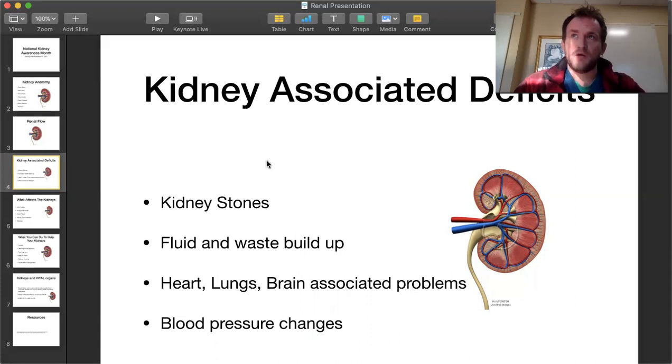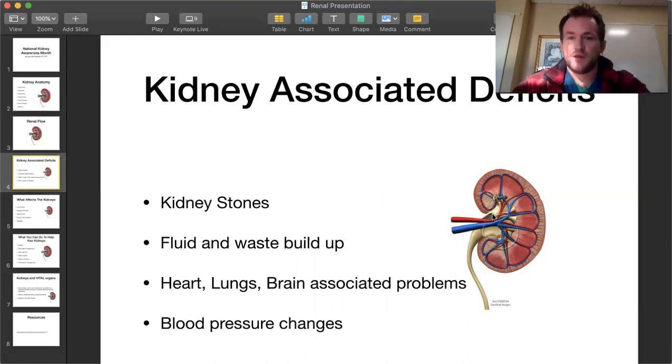What can happen, though, is if there's not adequate blood flow or not adequate blood pressure, or there's a backup farther downstream where it's dammed up, those metabolites and those acids and calcium and all these other products can cause a backflow up here and deposit and form crystals.